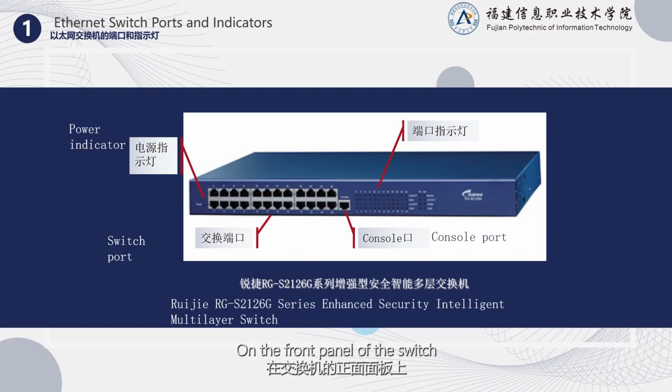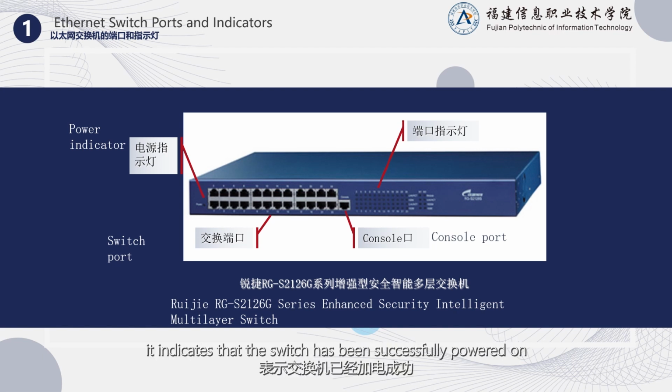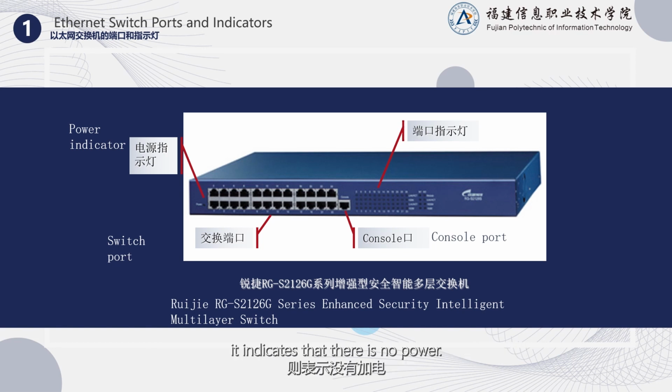On the front panel of the switch, there are power indicator lights, switch ports, port indicator lights, and a console interface. When the power indicator light is on, it indicates that the switch has been successfully powered on. Otherwise, it indicates that there is no power.